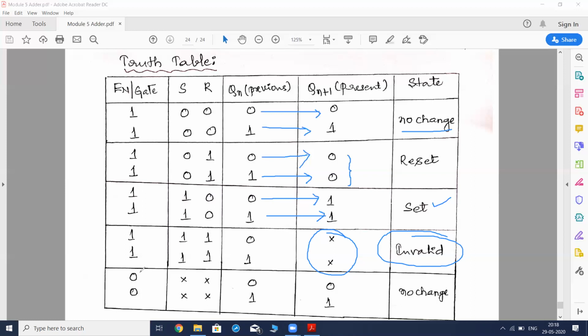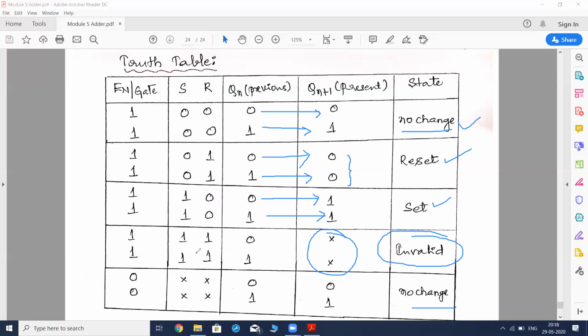If we have not enabled the gate, then it will not change the state. So if S and R are 0 0, the state is called the no change state. If S is 0, we are getting a reset state. If S is 1, we are getting the set state.